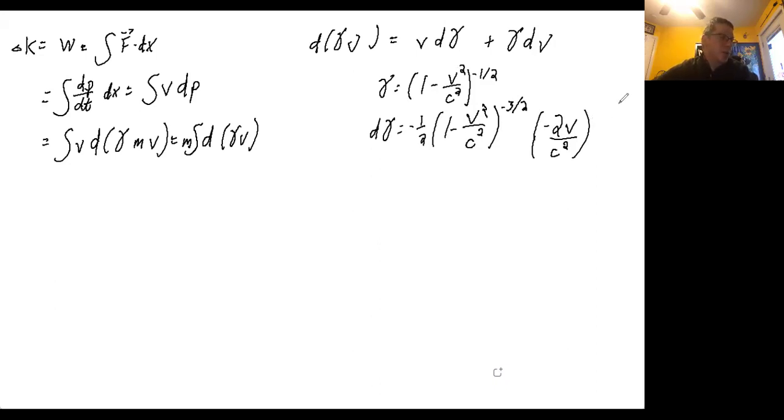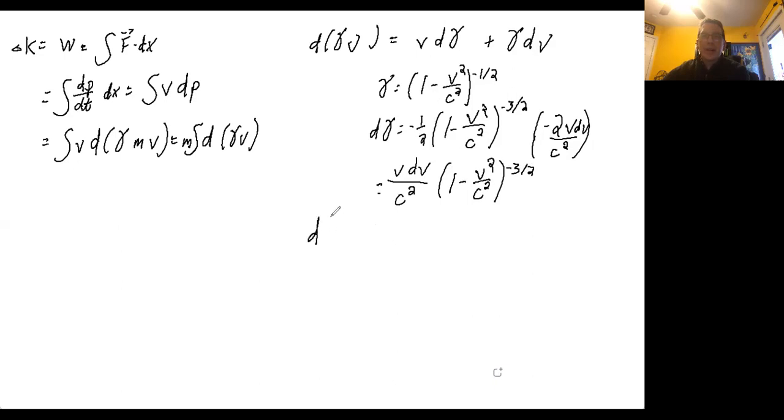And then don't forget the dv term. So the negatives cancel out and the 2 and the 1/2 cancel out. So you can write this as v dv over c squared times 1 minus v squared over c squared to the negative 3/2 power. So that's d gamma.